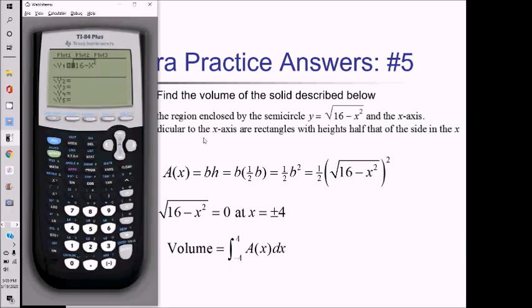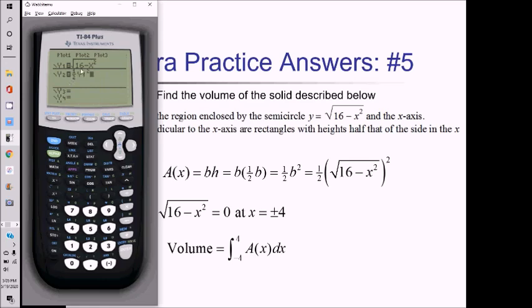To make this a little bit cleaner, I'm actually going to define A of x as my y2 here. And then I'll just take the integral of y2 from negative 4 to 4. So it turns out that this stuff that's being squared is exactly my original function that I put in y1. So for y2, for my area function, I'm just going to write 1/2. So I'll just use my fancy fraction here. 1/2, and then I'll just do alpha trace y1, and then just square that.